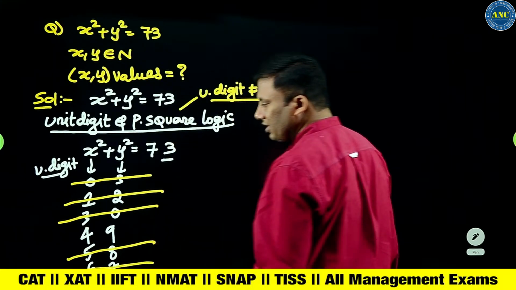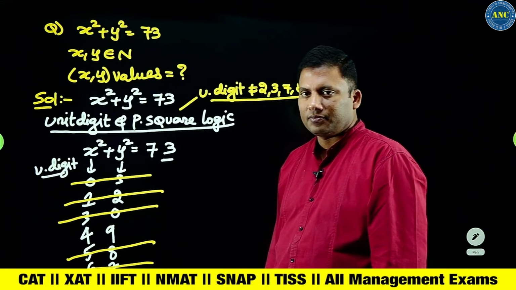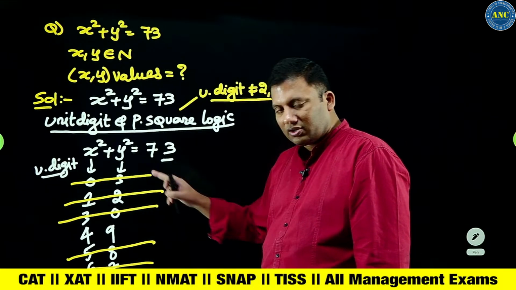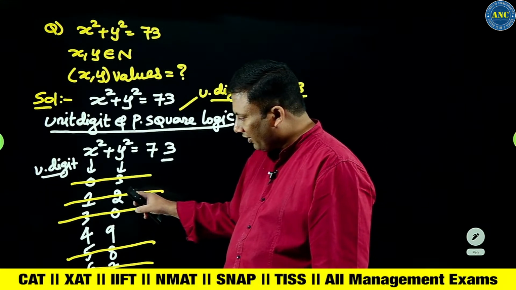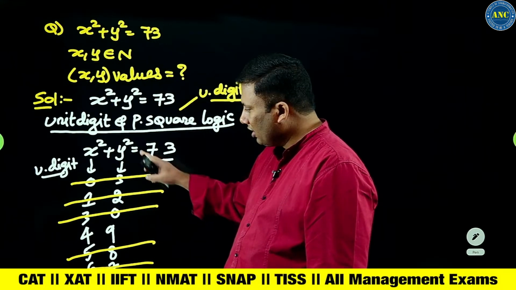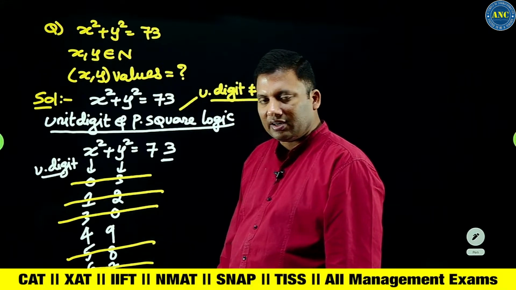All these cases are eliminated. So a perfect square cannot end with 2, a perfect square cannot end with 3, a perfect square cannot end with 8, a perfect square cannot end with 7.